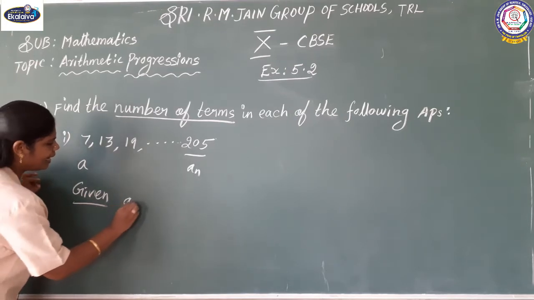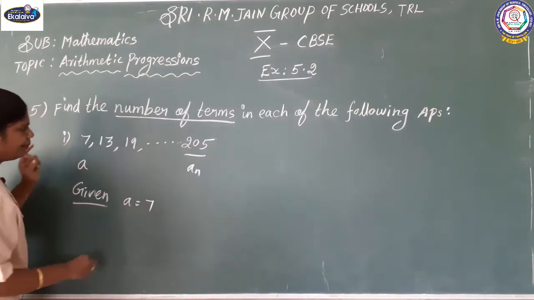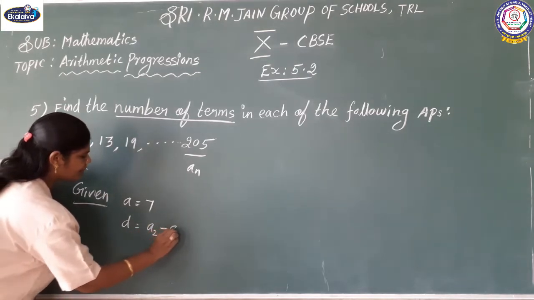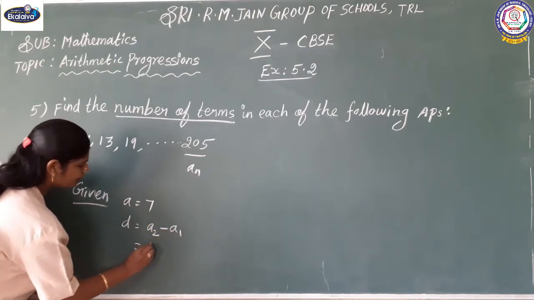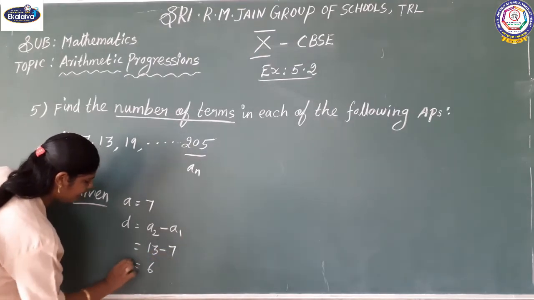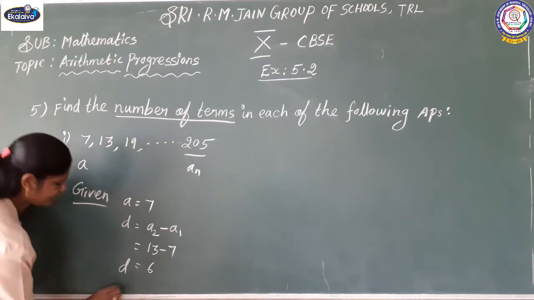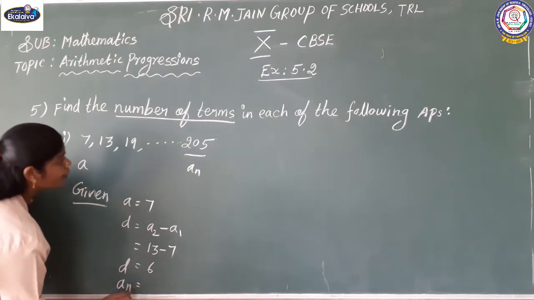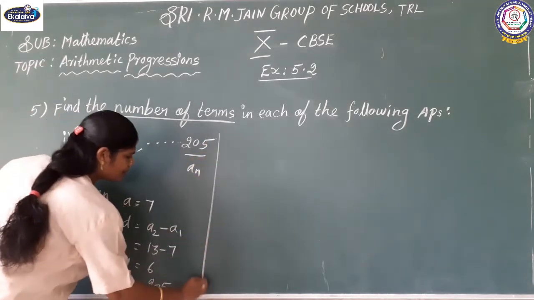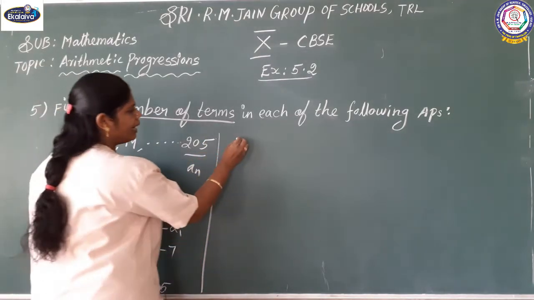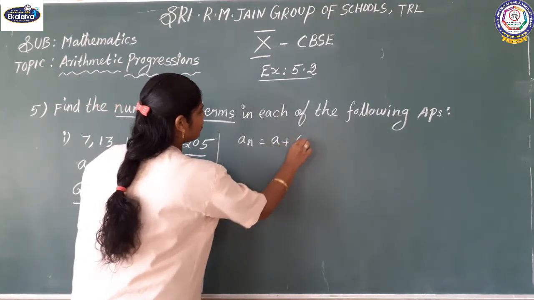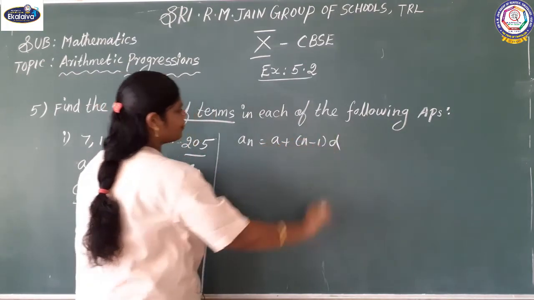Given a equals 7, d equals second term minus first term. So 13 minus 7 you get 6. d equals 6. Then an equals 205. So we know that an equals a plus (n minus 1) into d.